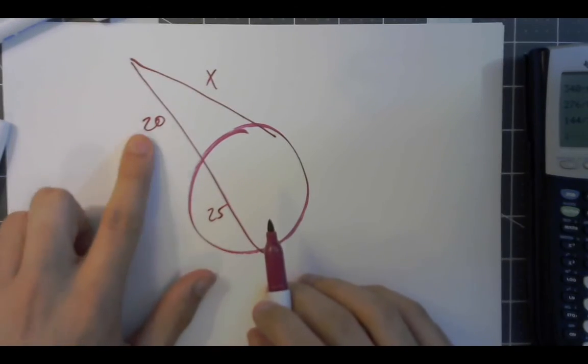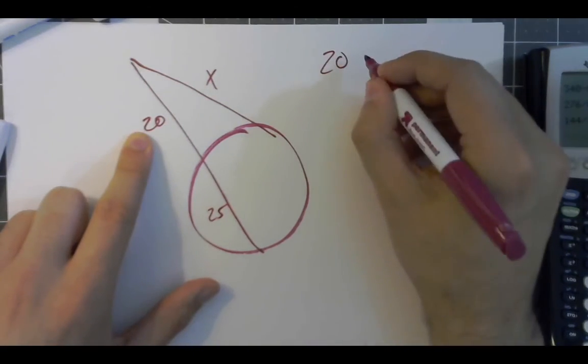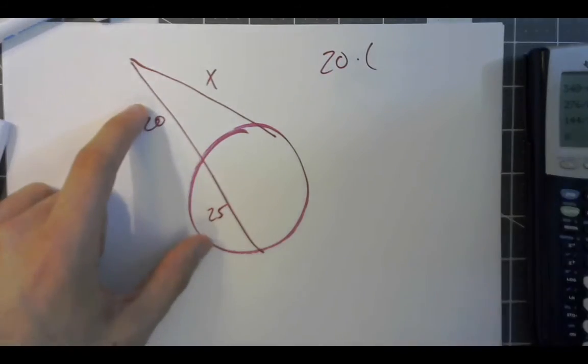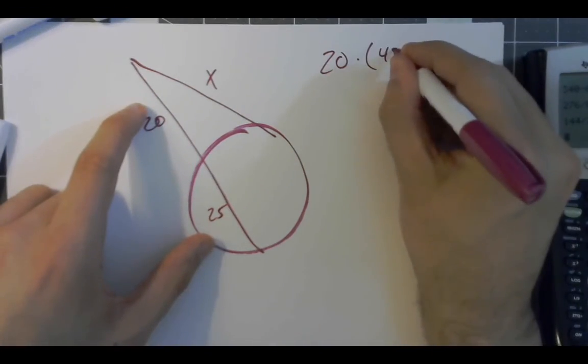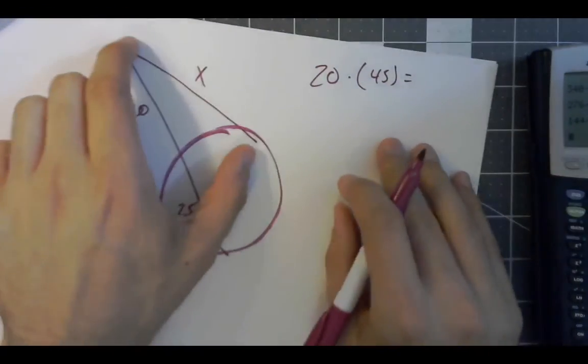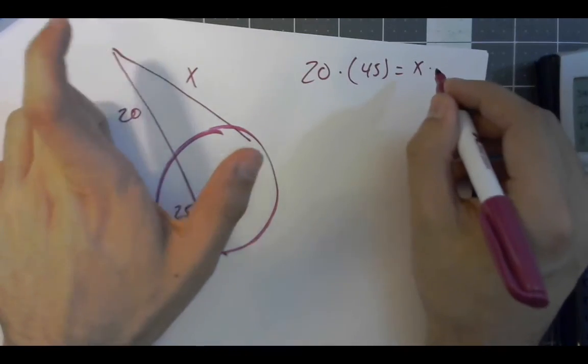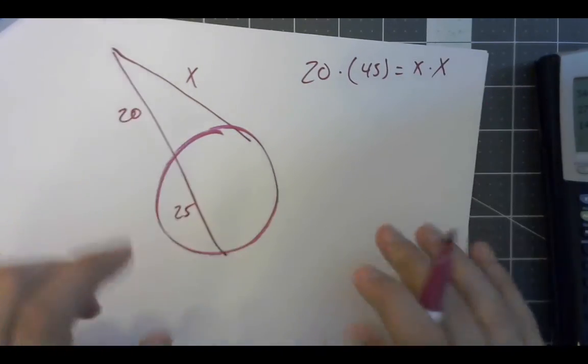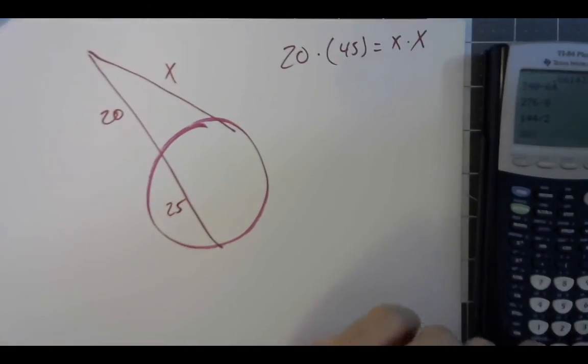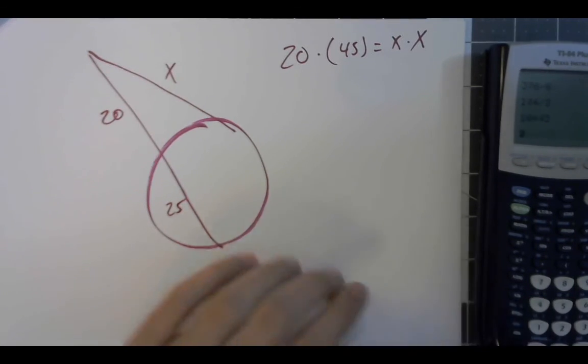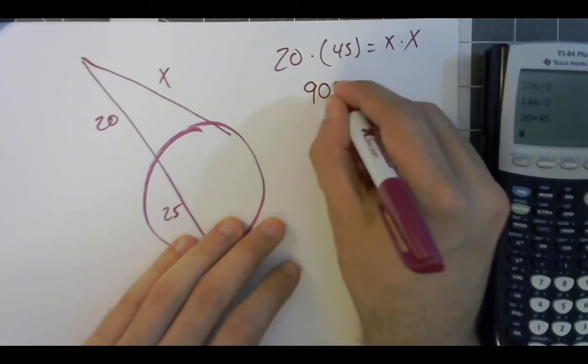All right, so we have outside times whole. 20 times the whole, which is 45, equals outside times whole. 20 times 45 is going to be a big number, exactly 900.